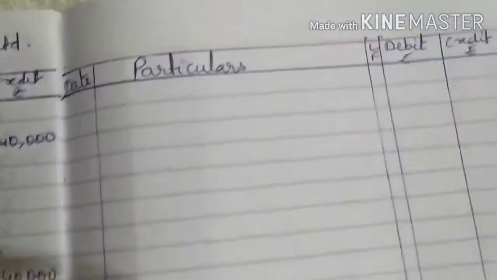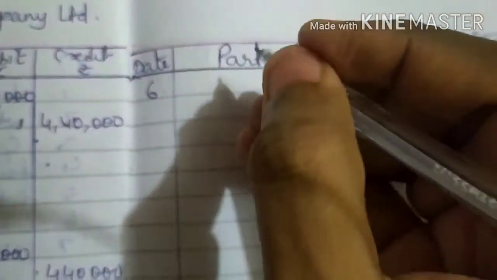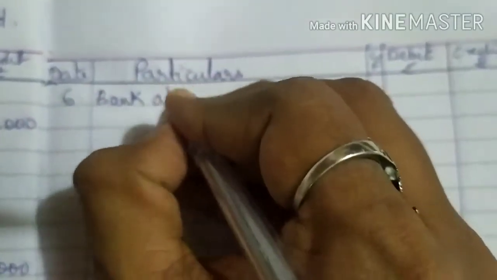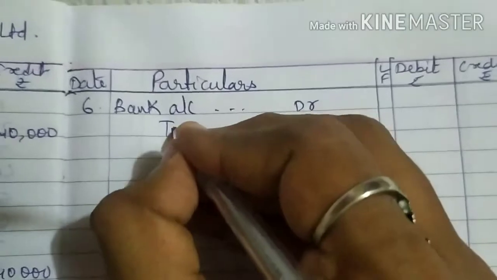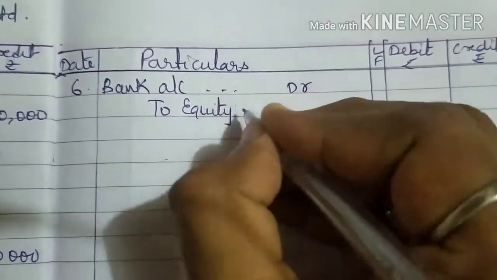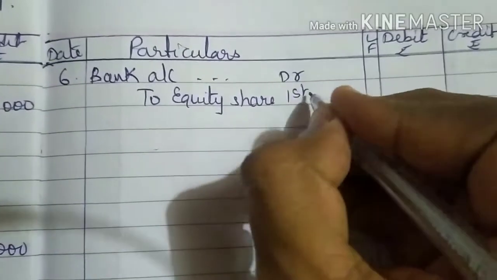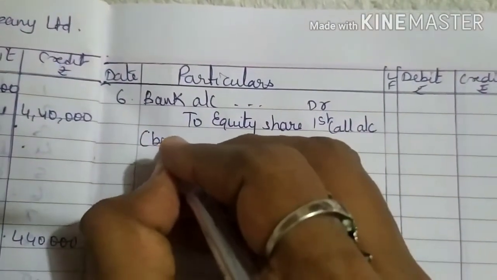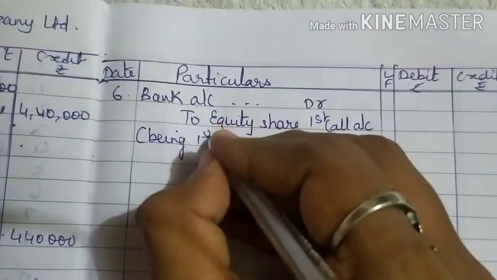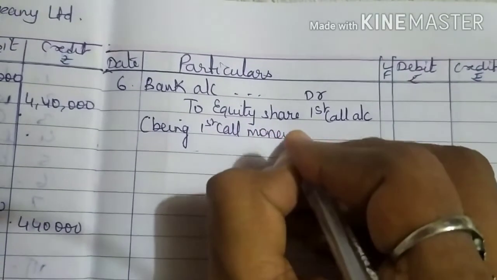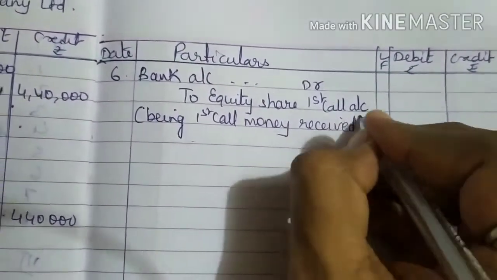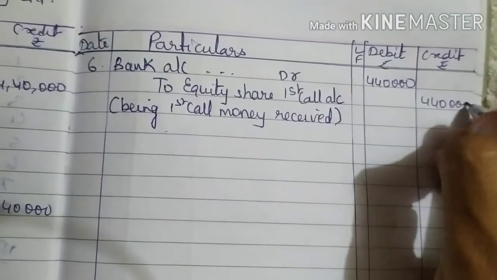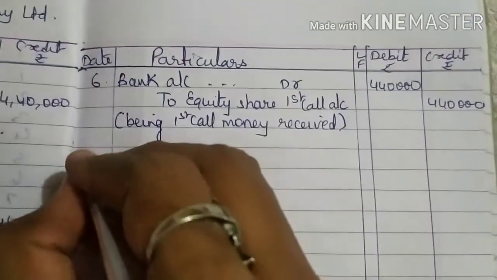Now you are receiving the first call money. So the entry will be bank account debit to equity share first call account, being first call money received.